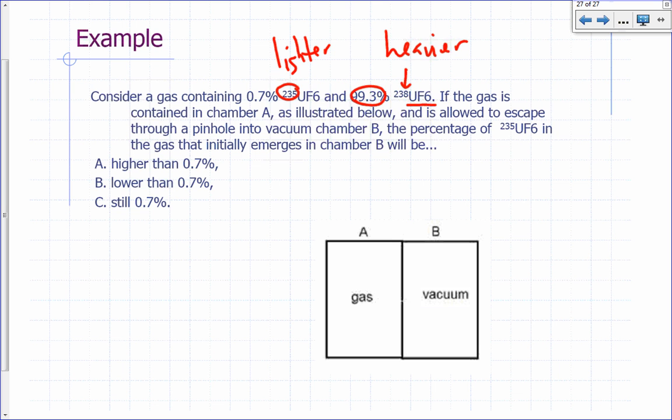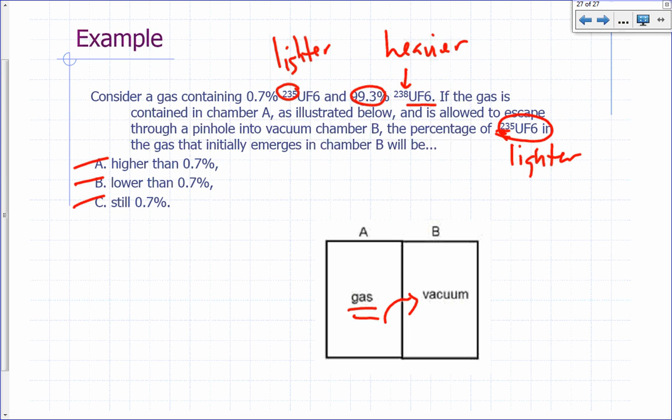If the gas is confined in chamber A and is allowed to escape through a pinhole into a vacuum, chamber B, the percentage of uranium hexafluoride with the 235 isotope, so this is the lighter isotope, that initially emerges in chamber B will be higher than 0.7%, lower than 0.7%, or it's still going to be 0.7%.